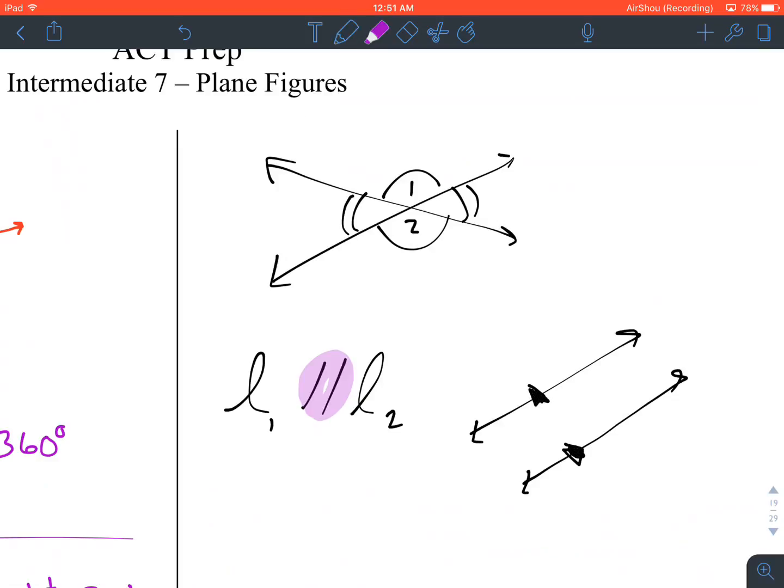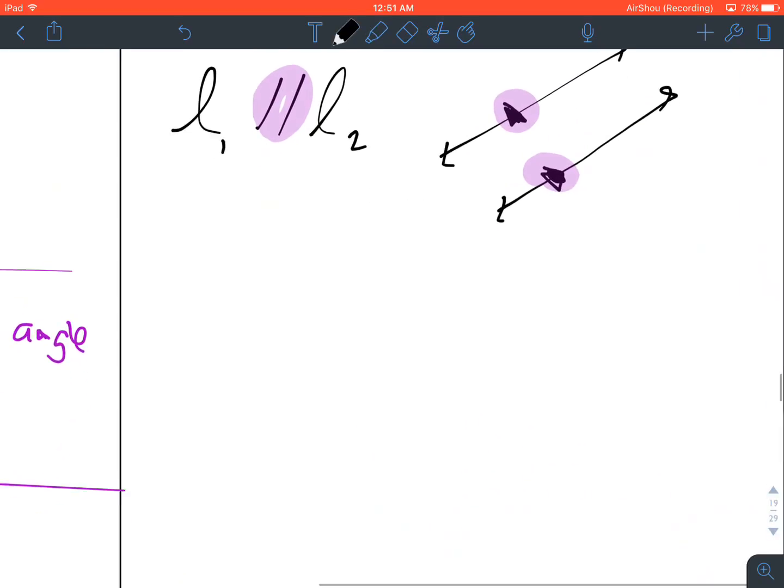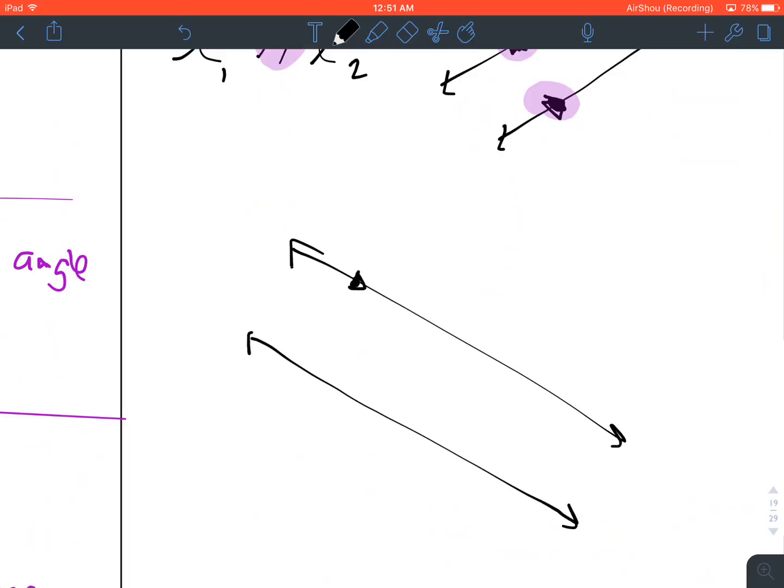Same number of arrows like this means parallel. Alright, going over lots of stuff here. Let's say we have two parallel lines, and they are cut by a transversal. Transversal means that the line touches both of them.